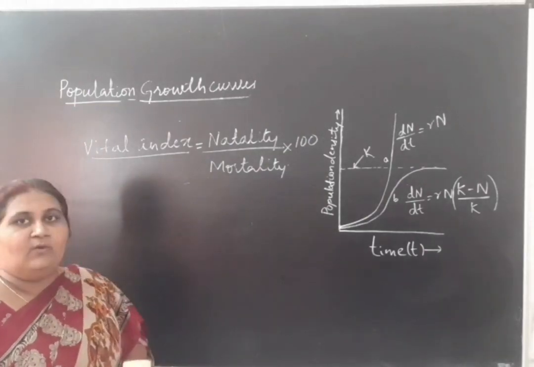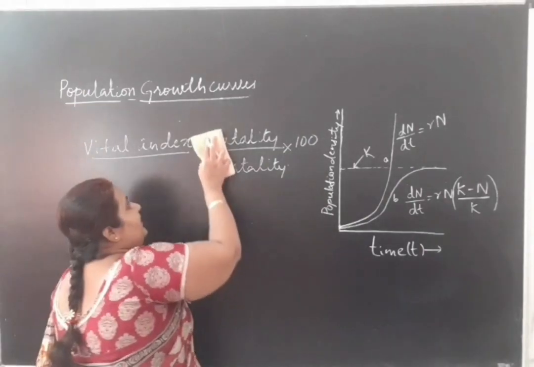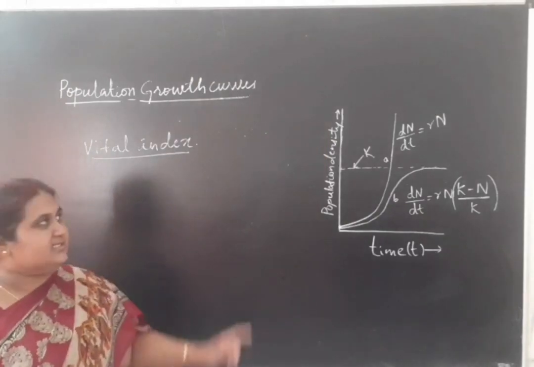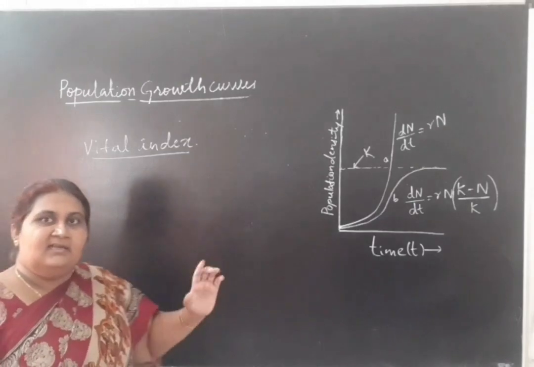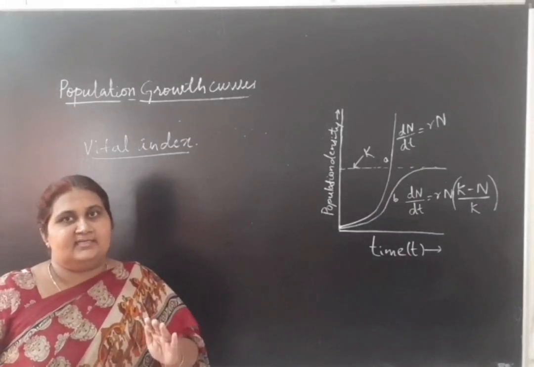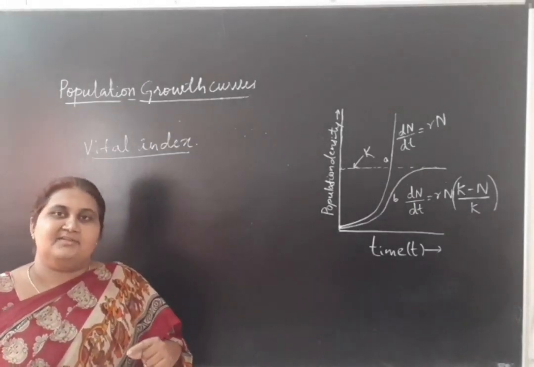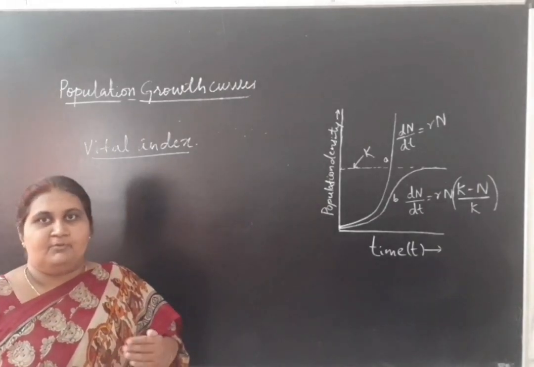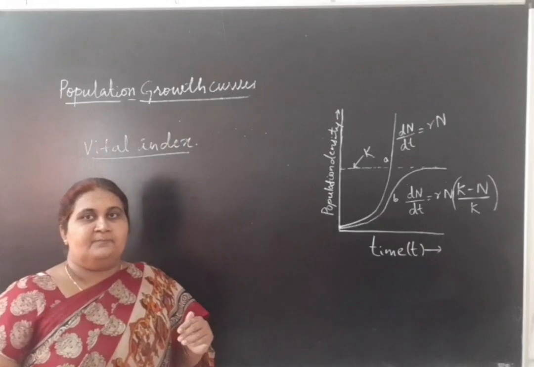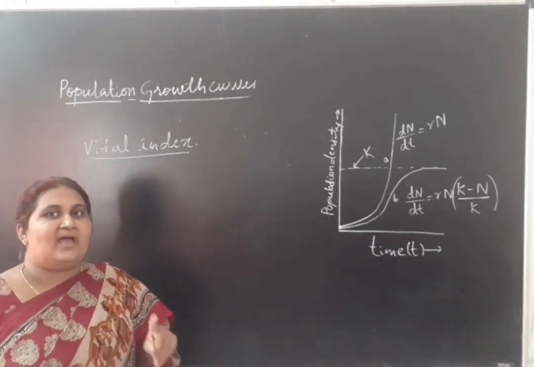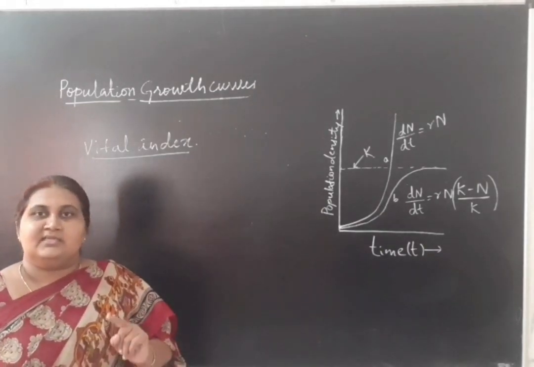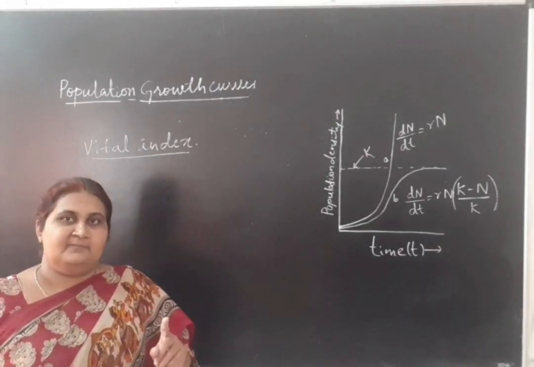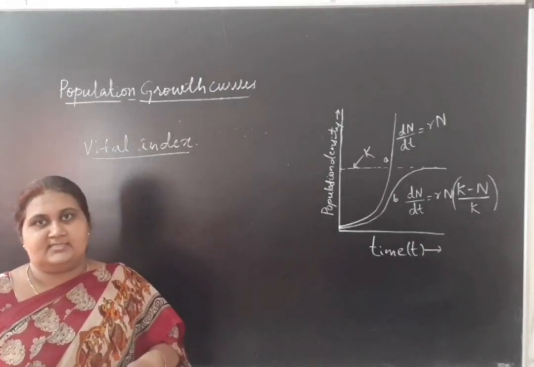When the vital index value is greater than 100, then a population will show growth. Population size will be increased. When the vital index value is equal to 100, then the population is stable. It neither increases nor decreases.